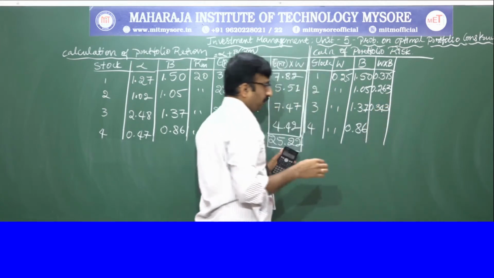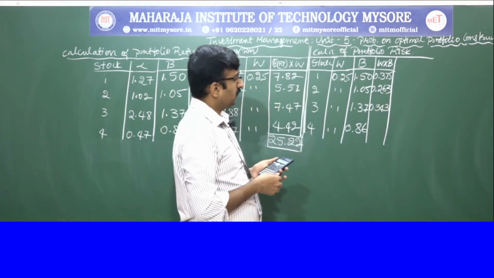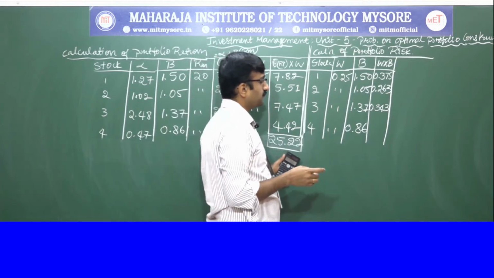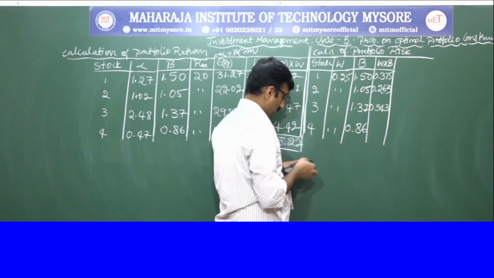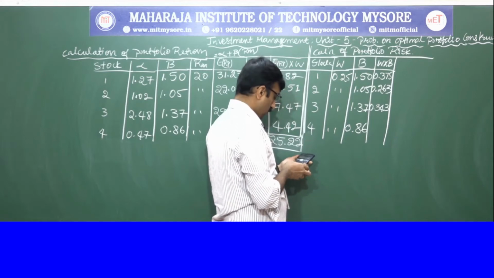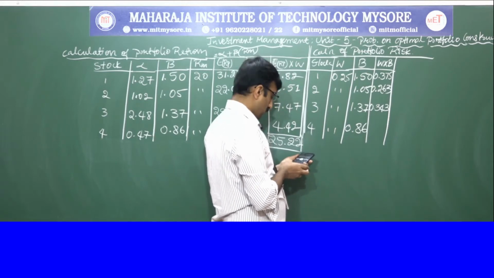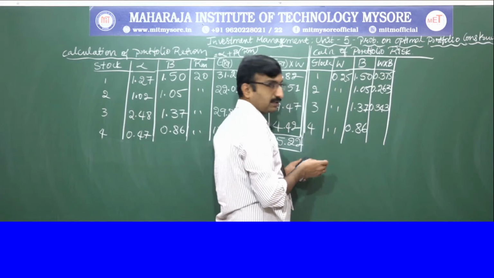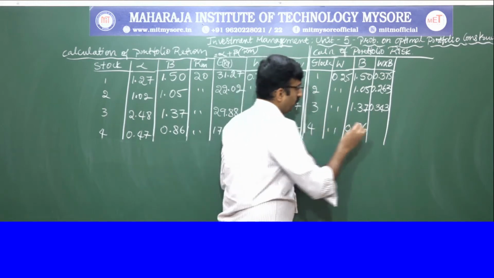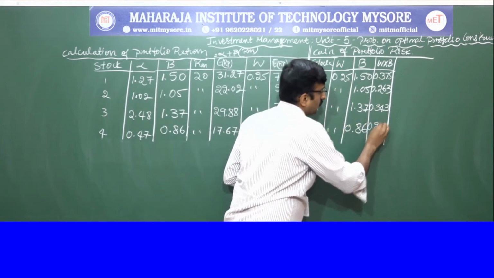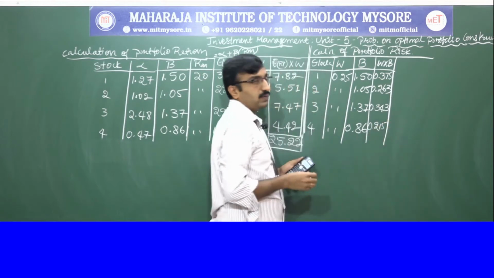Next, 0.86 into 0.25, we will get 0.215. This is called weight into beta.